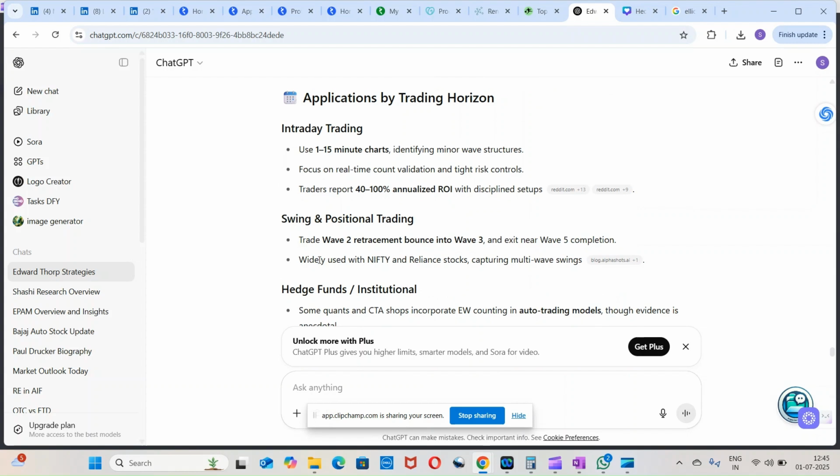Swing and positional: trade the wave two retracement bounce into wave three. So wave one is going like this, then wave two. Here you need to trade, capture the entire wave three, and exit at wave five. That is the strategy.